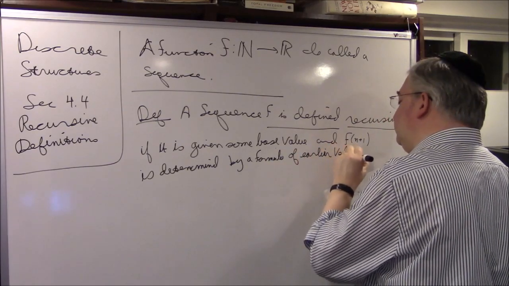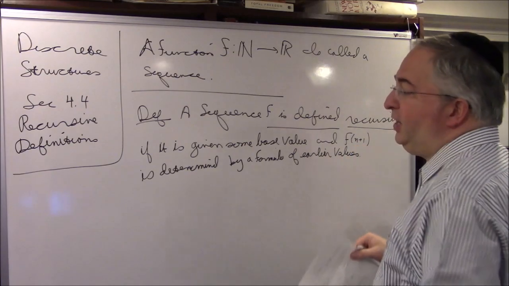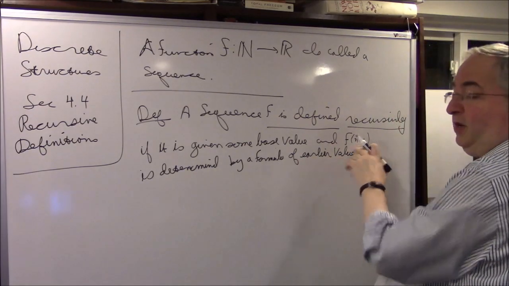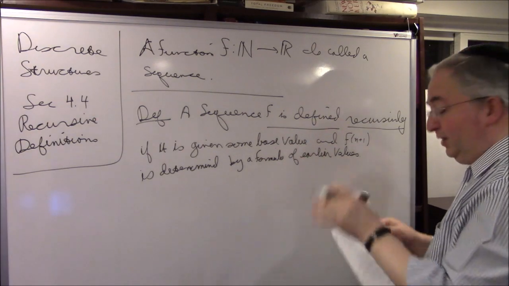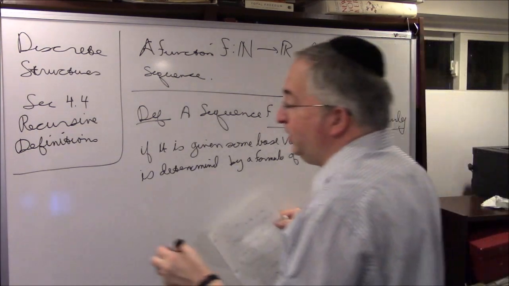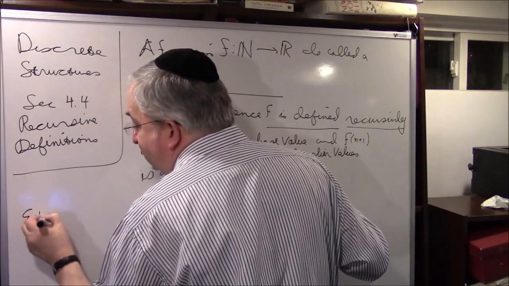You'll see in a second, you'll see examples that'll make that sense. So how do you figure out f of n plus 1? Look at earlier values. F of n minus 1, a couple of things like that. Okay, so let's do extremely easy examples.